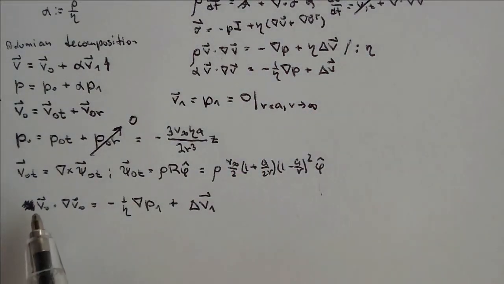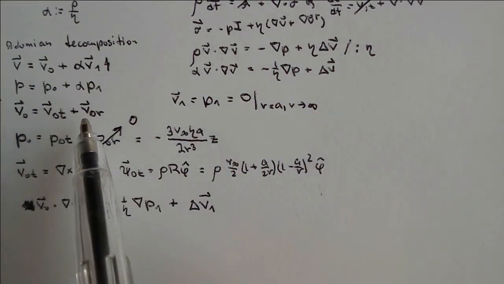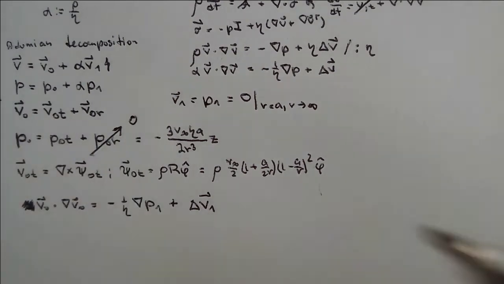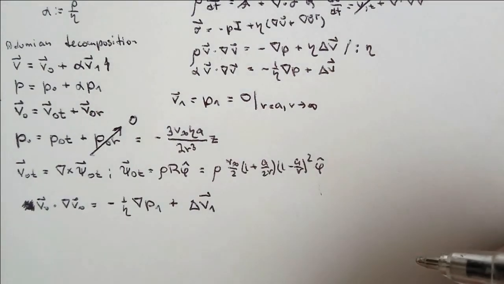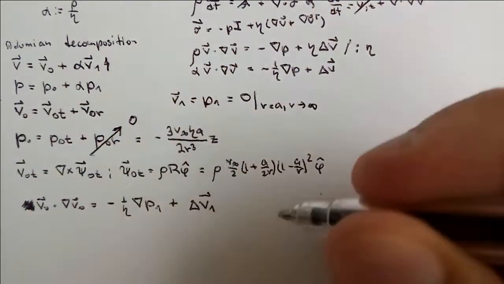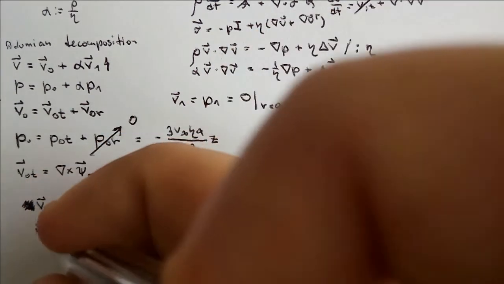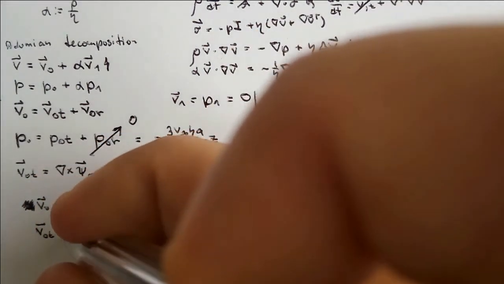Again, you can substitute this kind of solution, V0t plus V0r, so you will get these four terms. It's a very simple derivation, but I will do it anyway.